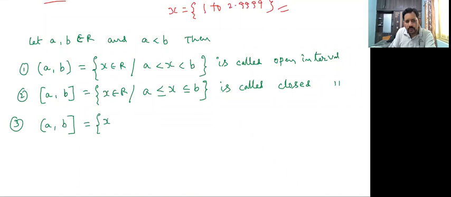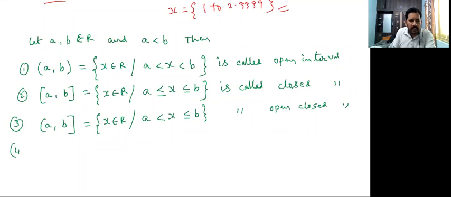Next, the third point: open a comma b closed. x belongs to R such that a is less than x, which is less than or equal to b. See here, an equality symbol is there now at b, which is why it is called an open-closed interval.